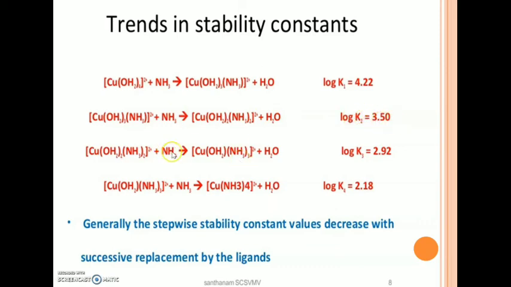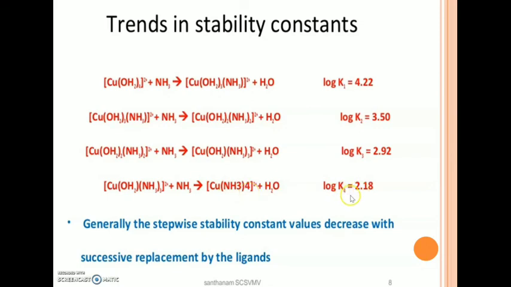In the next step, again an NH3 molecule replaces one water molecule, and the stepwise stability constant is log K3, with value 2.92. At the last step all the water molecules are substituted by NH3 molecules, and the complex [Cu(NH3)4]2+ is formed.